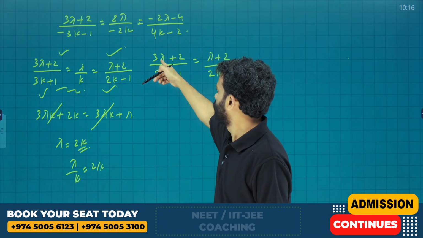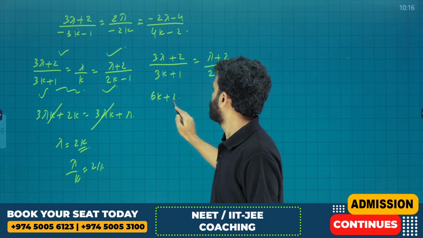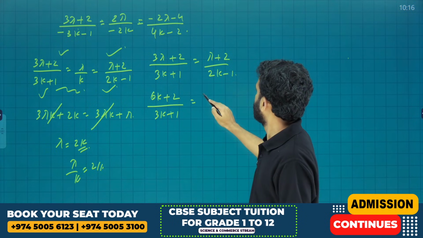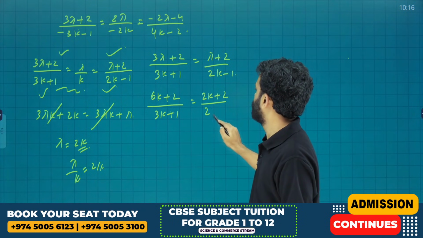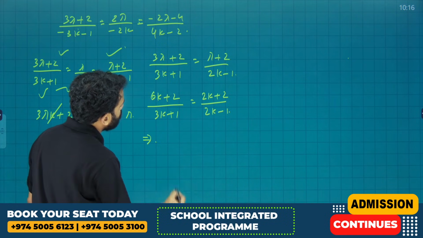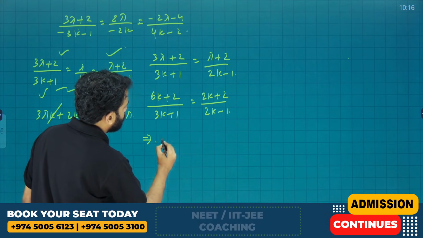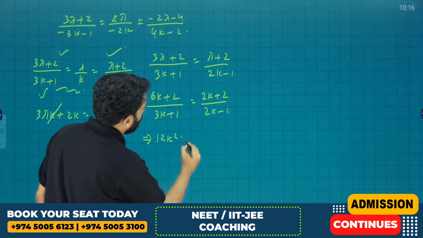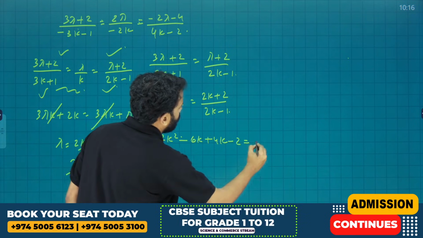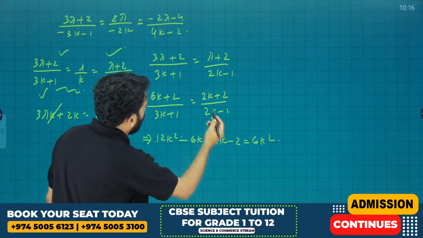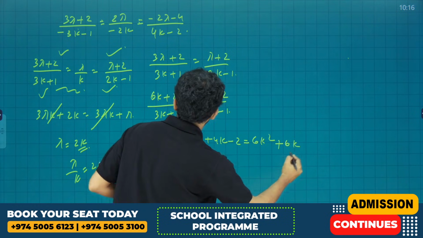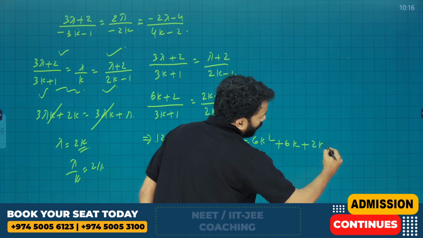Substitute that here, you will get 2k into 3, that is 6k plus 2 divided by 3k plus 1, equal to lambda is 2k, that is 2k plus 2 divided by 2k minus 1. We can cross multiply this. It will be 12k square minus 6k plus 4k minus 2 is equal to 6k square plus 6k plus 2k plus 2.